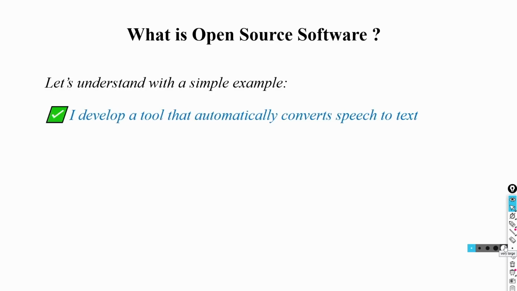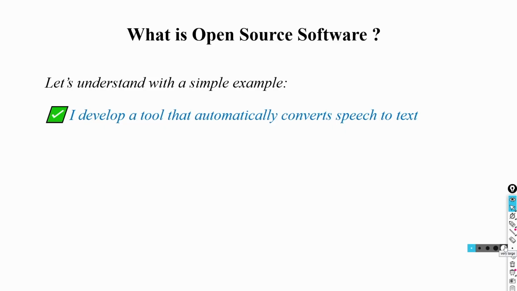Now I will share a small example so that you get some understanding of open source software. Let us say I am developing a small software to convert your speech into text. When you talk, I try to convert it automatically into a text document, and I am sharing the tool with you.